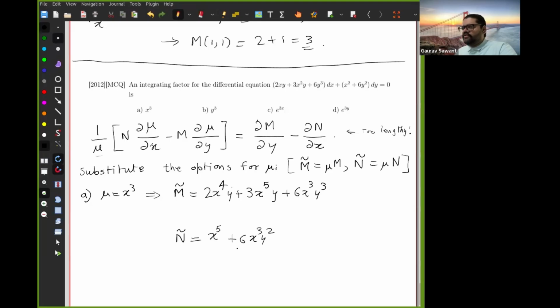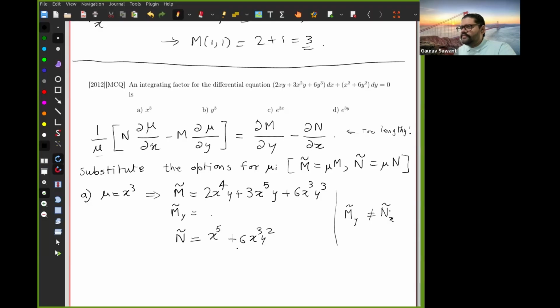A quick inspection will tell you that this is not going to be fruitful. Already in the first term, you can see M tilde y is not equal to N tilde x. Let's just evaluate it completely so that we are not making mistakes.